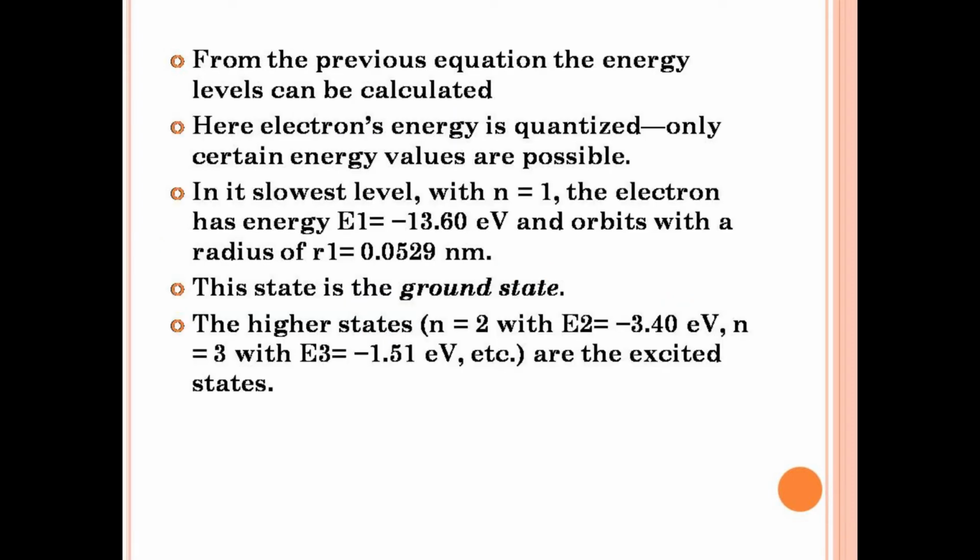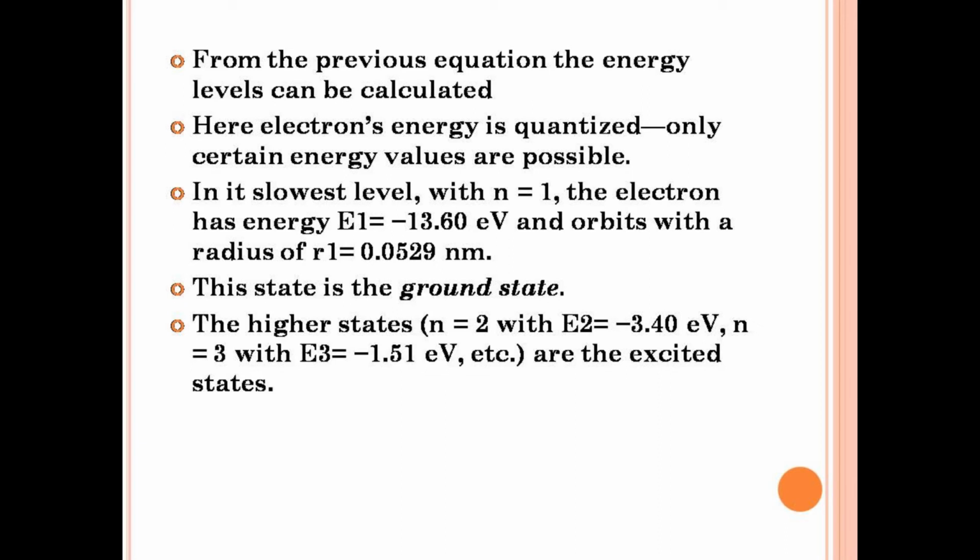Here the electron's energy is quantized, meaning only certain energy values are possible. In its lowest level, with n = 1, the electron has energy E1 = −13.60 eV, with radius r1 = 0.0529 nanometer, and that state is termed the ground state. The higher states, for example n = 2 or n = 3, are called excited states.